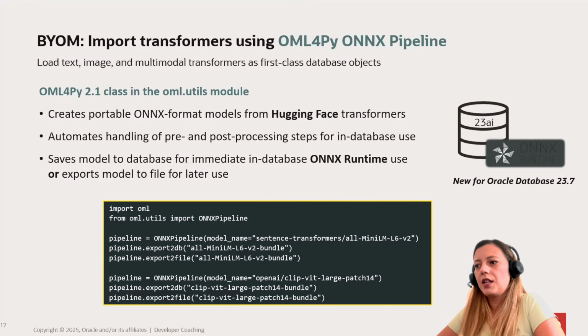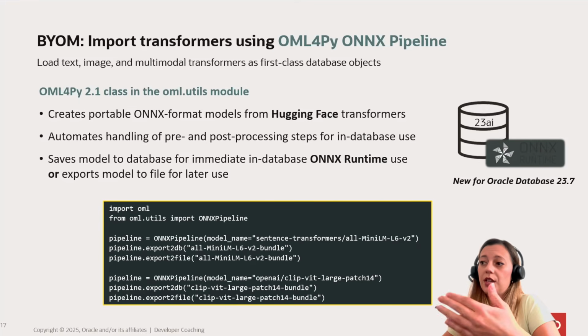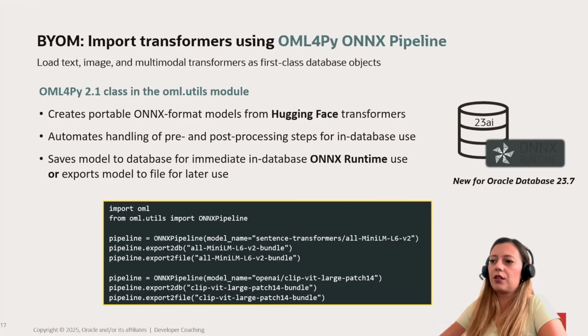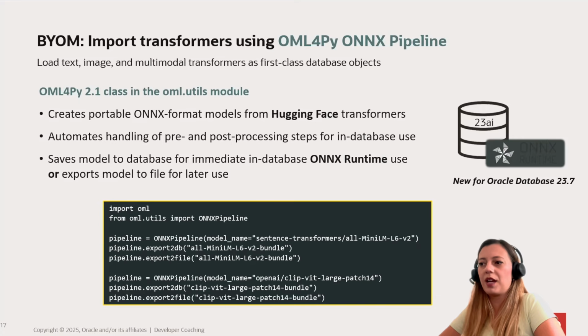On this slide, I'm showing how we can bring our own transformers into Oracle database using OML4Py on an ONNX pipeline. I hope you can see the screenshot that we added on the slide. We have the ONNX pipeline class that is part of OML utils. So what we can do, we can take the Hugging Face transformers and automatically convert them into portable ONNX models.